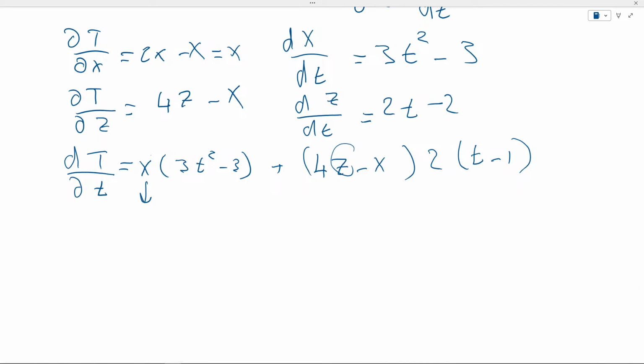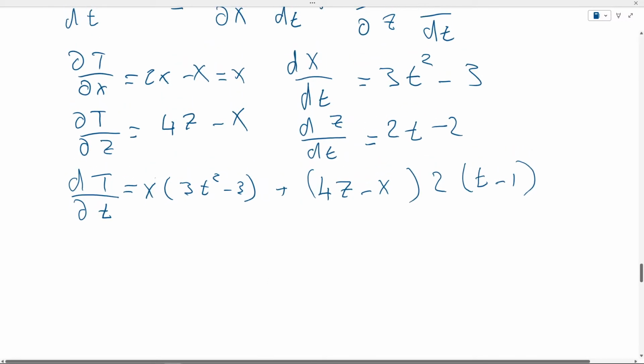Or even simpler, you know what's an easy way of doing this?